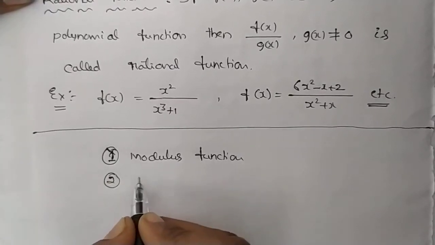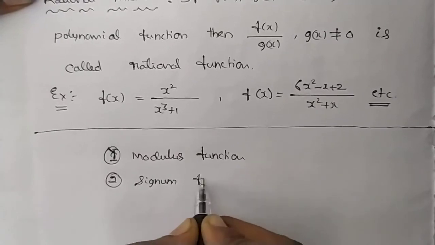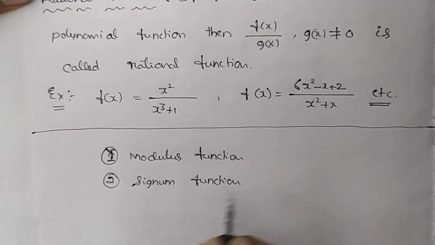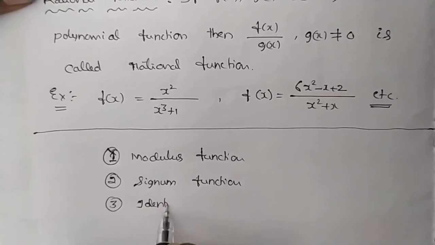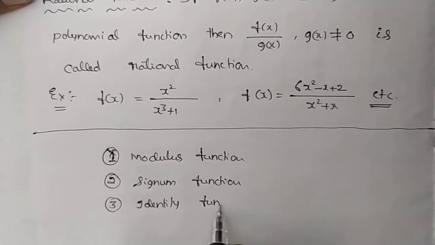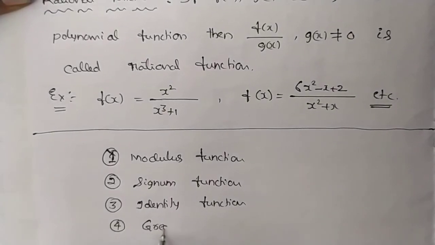Second function will be the signum function. Third will be the identity function. Fourth will be the greatest integer function.